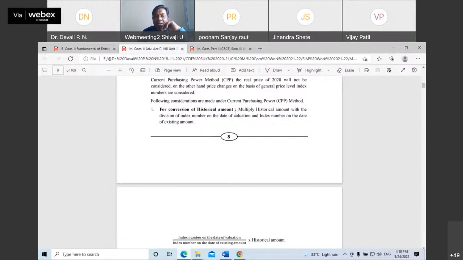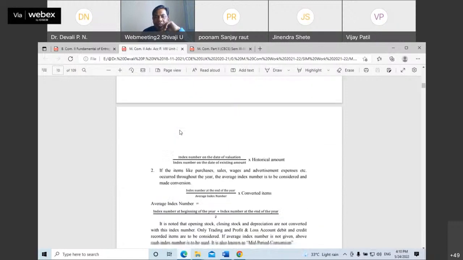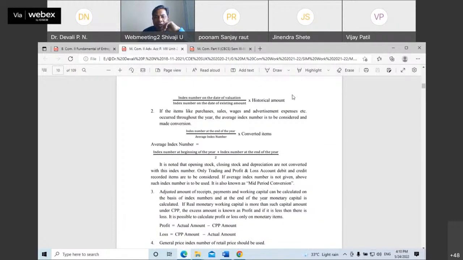of any other item in respect of the conversion factor. So see here, multiplying the historical amount with the given index, we will get the conversion value, and that is the formula again. This is the historical amount, whatever it may be, that we have to consider for the purpose of getting the change or conversion.